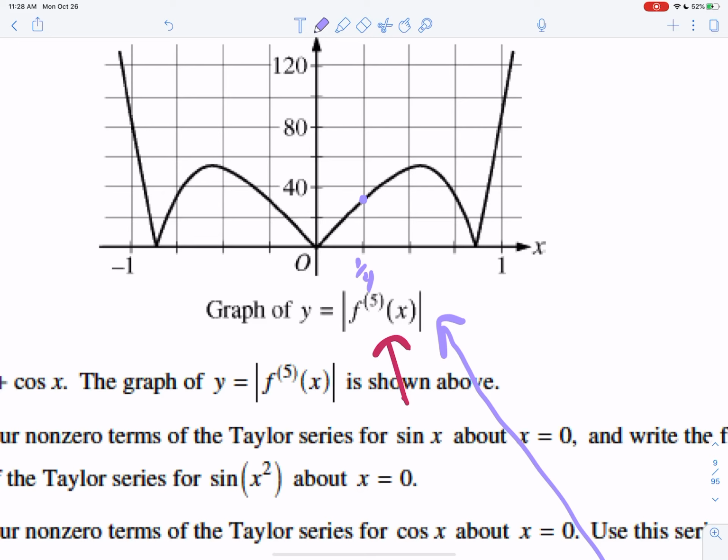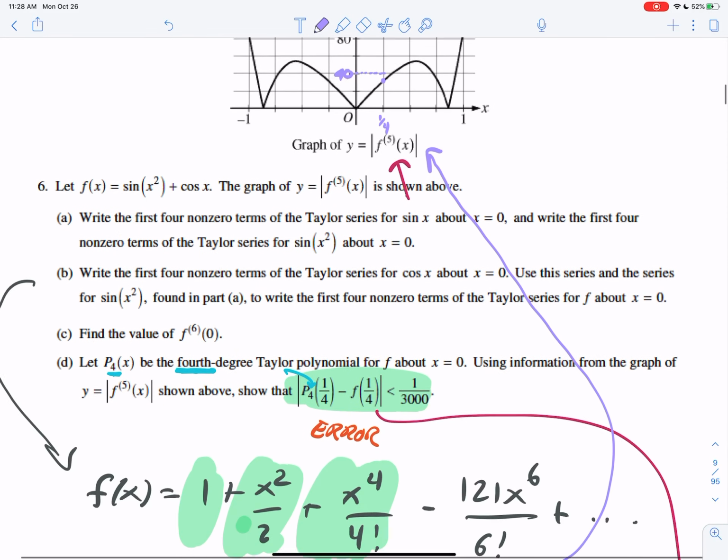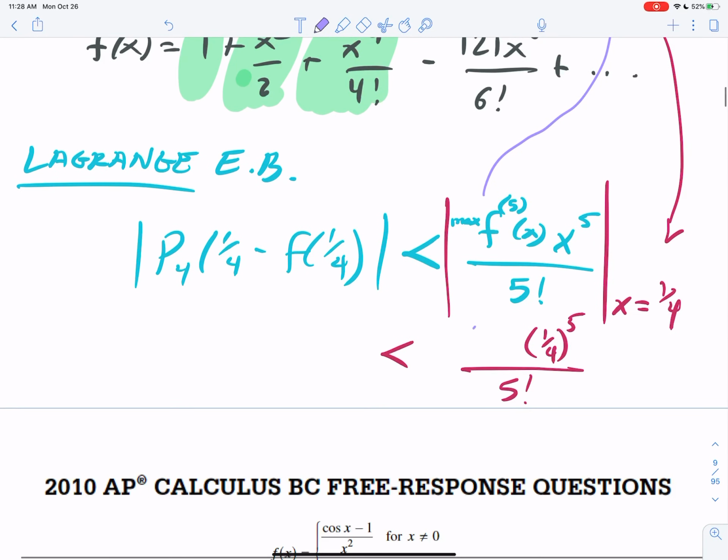So that right there, we don't know the exact answer. But what's the most that it could be? We know that it can't be anything more than 40. So it's definitely less than 40 there. Okay? So we're going to say that the maximum is 40. All right?